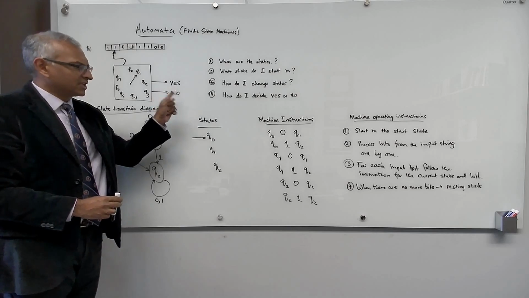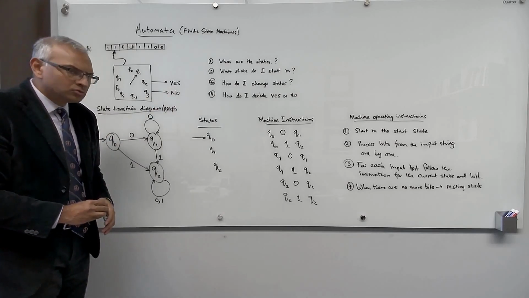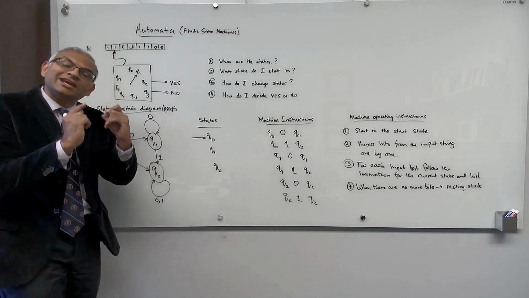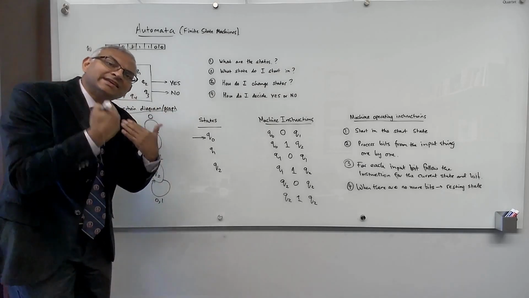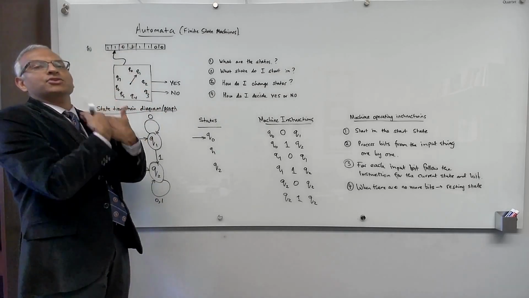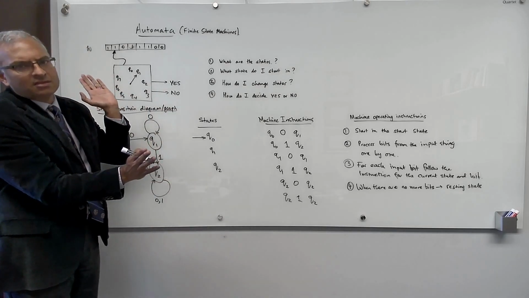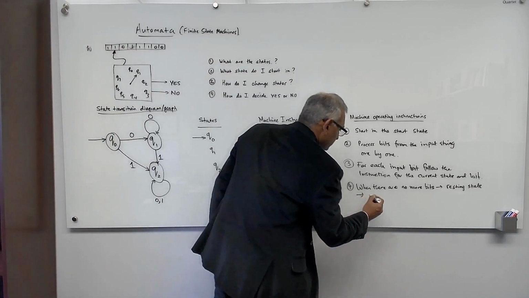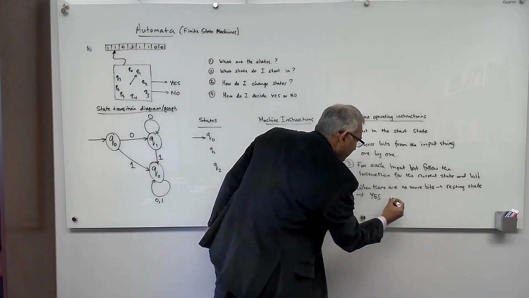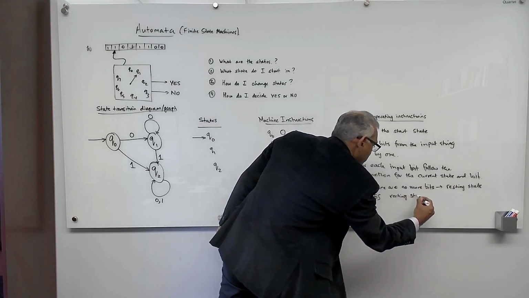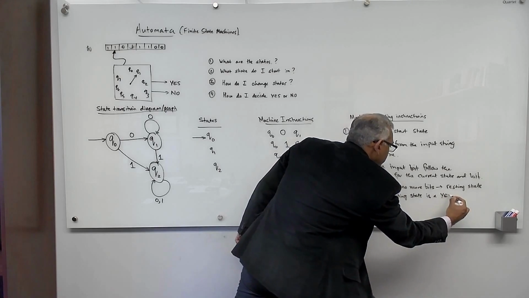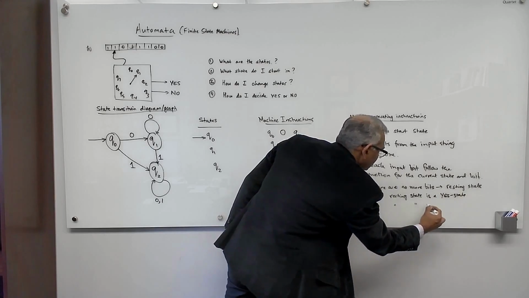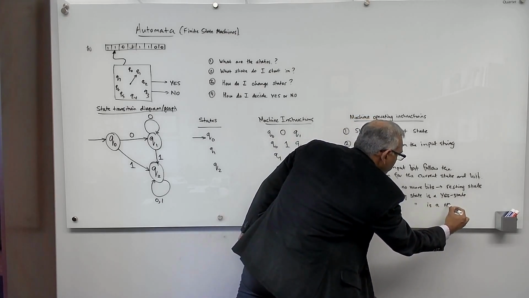Now all you need to do is output yes or no. When you specify states, I'll also ask you to tell me which states are yes states and which states are no states. That's the final ingredient in the automaton, which is to tell me how to say yes or no. So say yes if your resting state is a yes state, and no if the resting state is a no state.